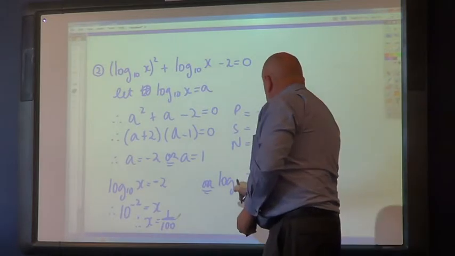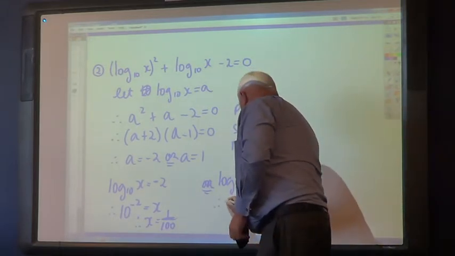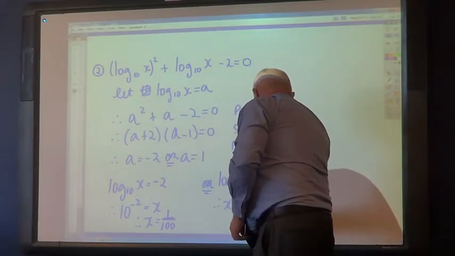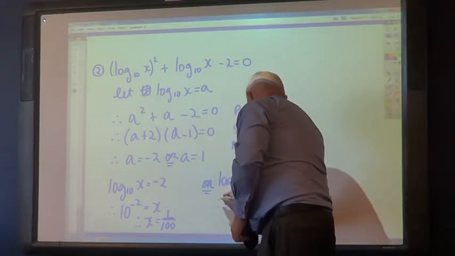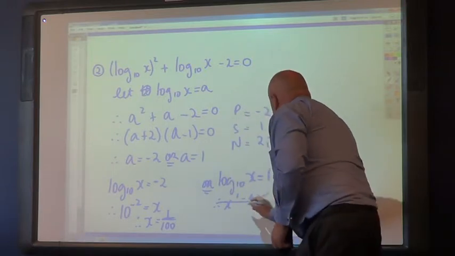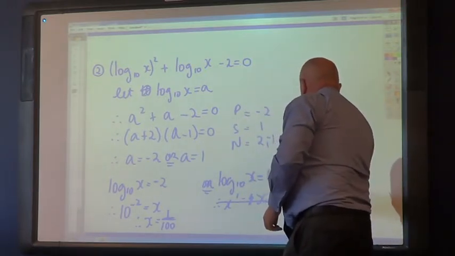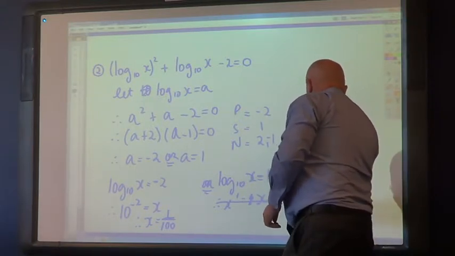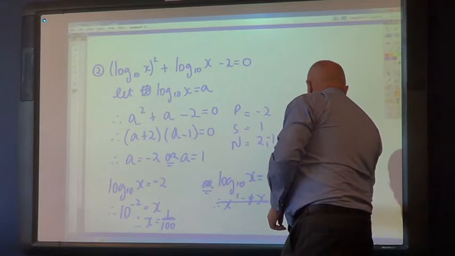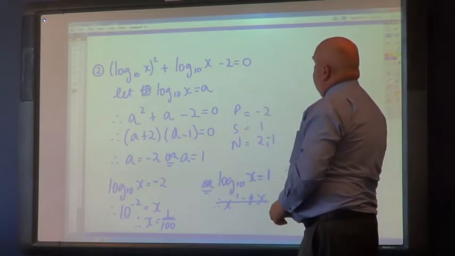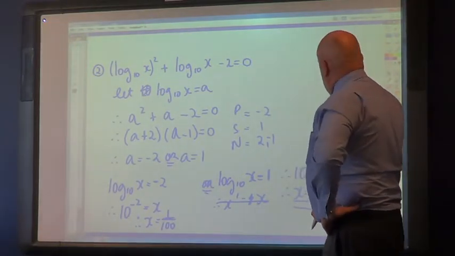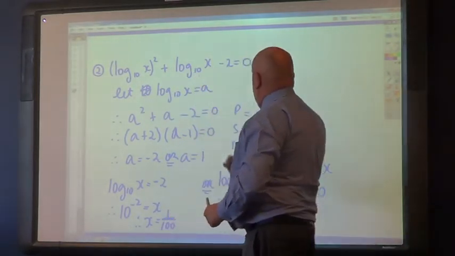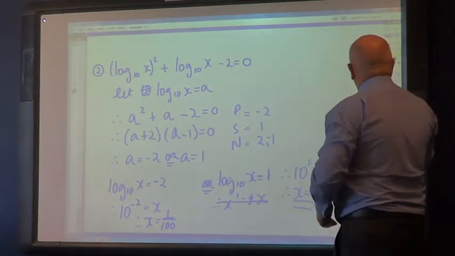Alternatively, 10 to the power of 1 equals x, so therefore x equals 10. So we've got two possible solutions, both of which are possible in this case because we don't have a negative appearing anywhere, so that's fine.